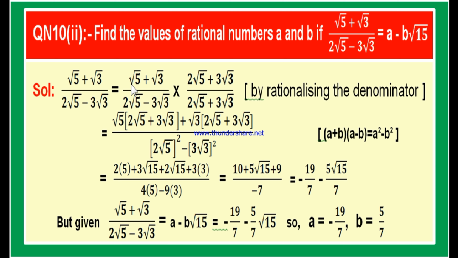Understood? Dear students, in order to find the product of two fractions, you have to multiply both numerators and you have to multiply both denominators. If you multiply both numerators, there are two terms here and two terms here also.